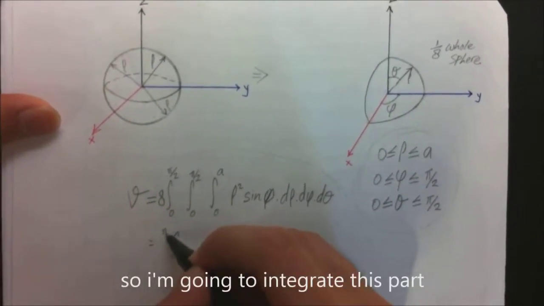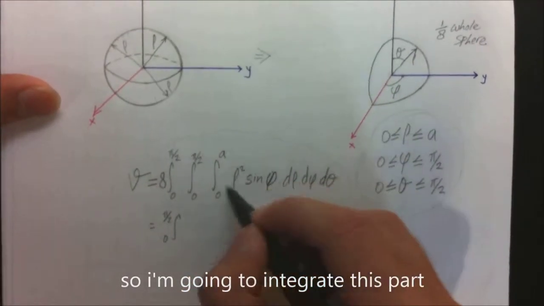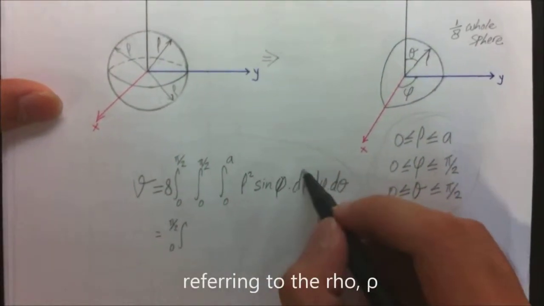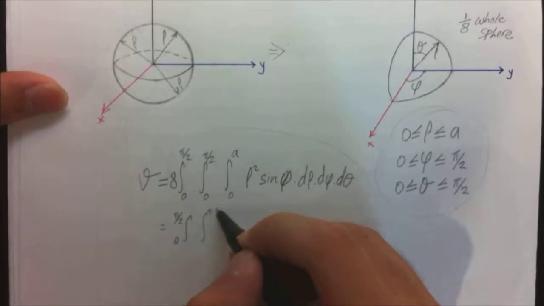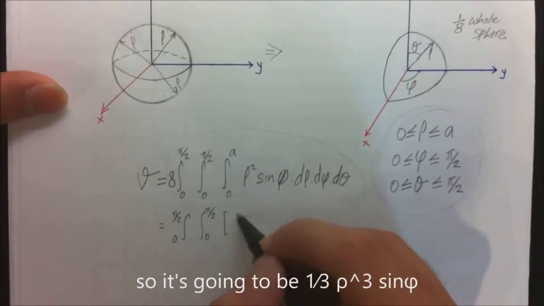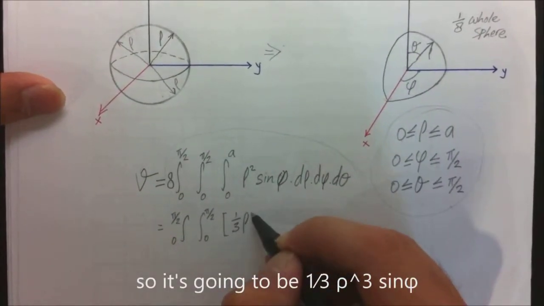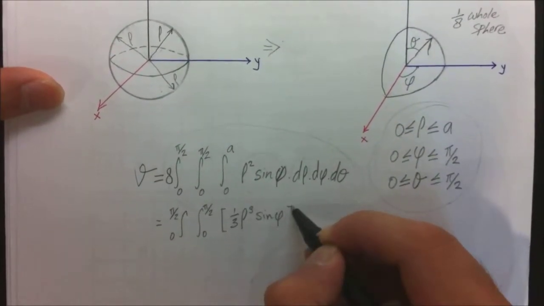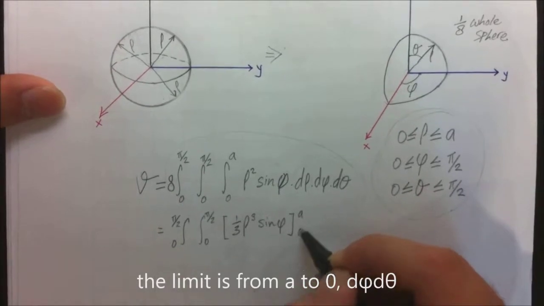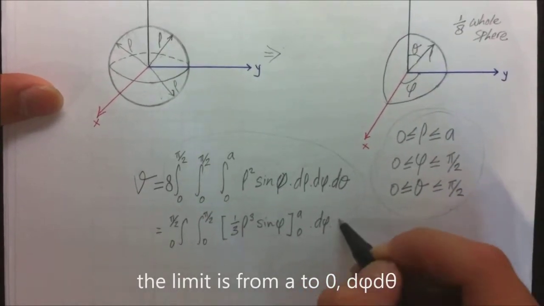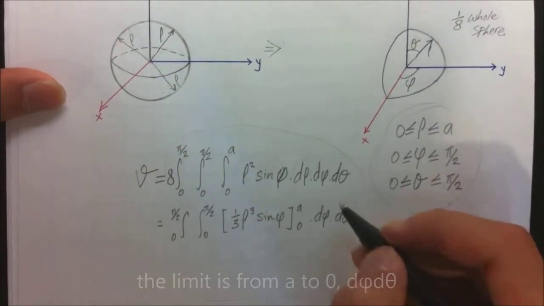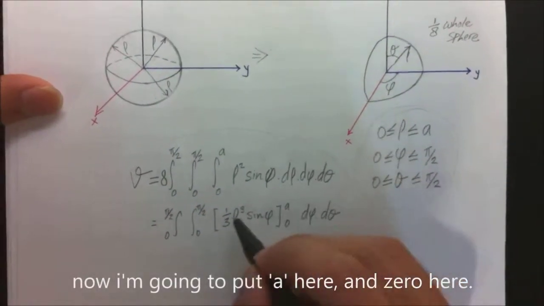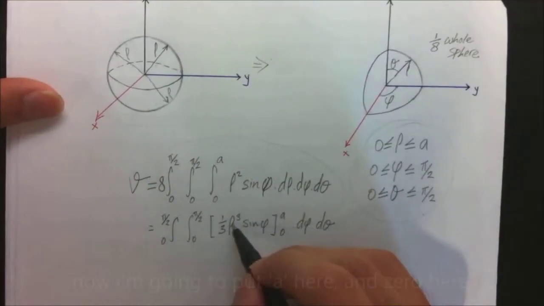So I'm going to integrate this part, referring to rho. It's going to be 1/3 rho cubed sin phi. The limit is 0, A, d phi d theta. Now I'm going to put A here and 0 here.